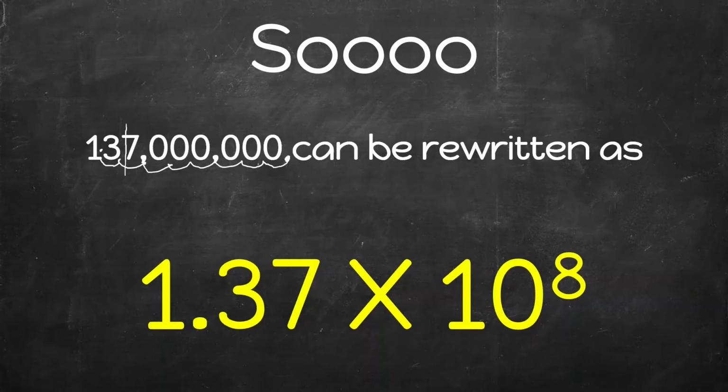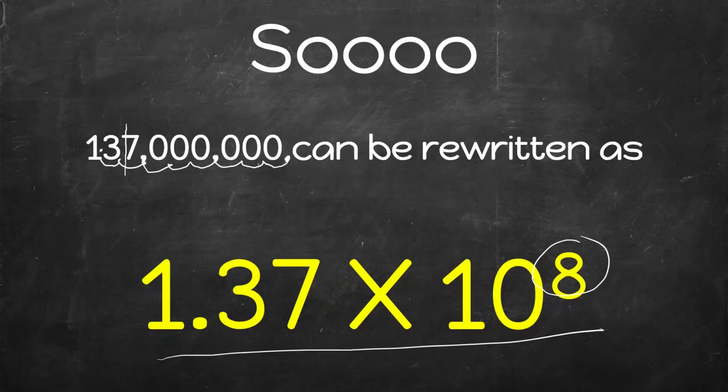So that means we have 1.37. So it will become 1.37 times 10 raised to 8 kasi nag-move tayo ng 8 to the left. Kaya raised to 8 siya. Pinaliit natin yung number, kaya positive. Diba? 137 million, malaking number, naging 1.37 times 10, kaya positive yung 8 natin kasi pinaliit natin yung number.